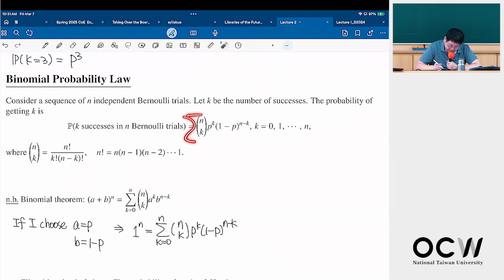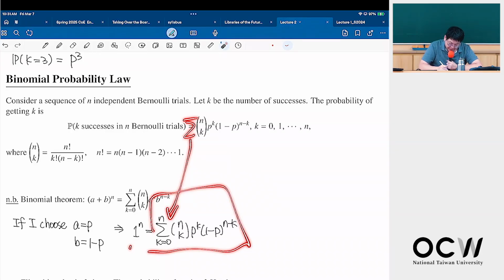So you can see that if I do the summation, considering all situations for the k, then overall there will be 1.